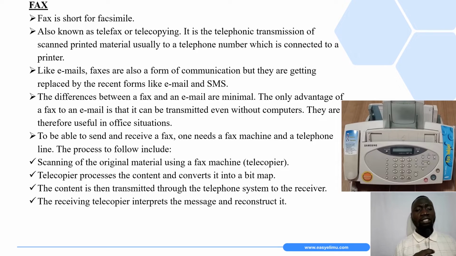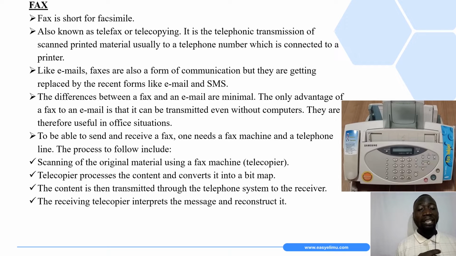The process to follow includes: the first step is the scanning of the original material using a fax machine or a telecopier. I've also shown an image there of a telecopier. So that is how a telecopier looks. After scanning the original material, use the telecopier to process the content and convert it into a bitmap.